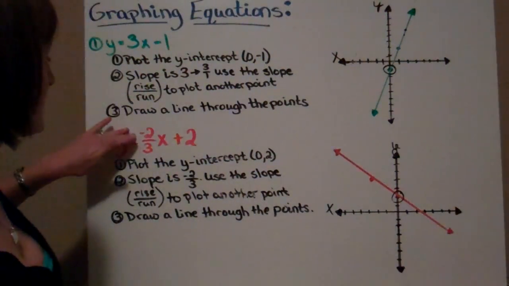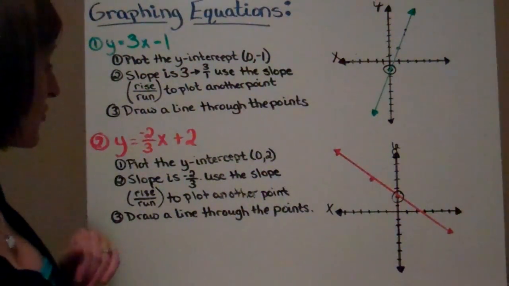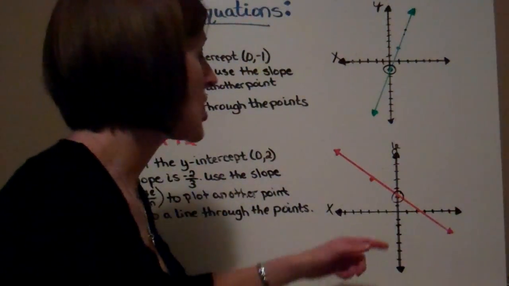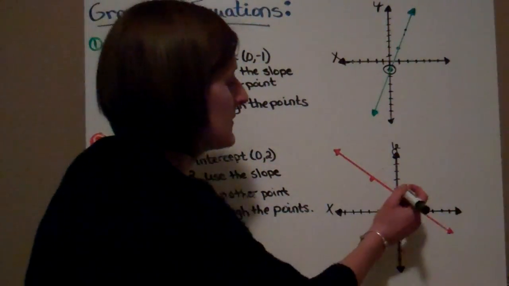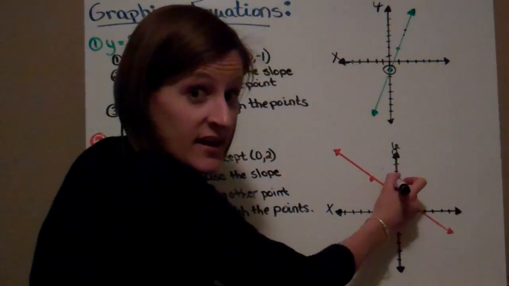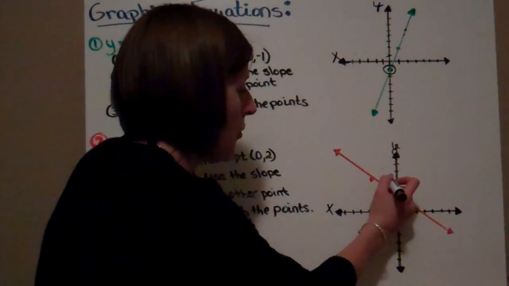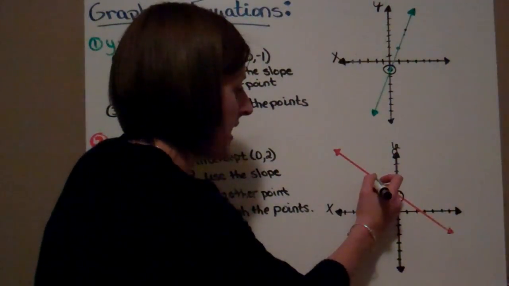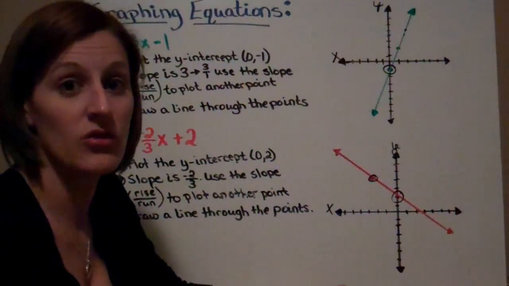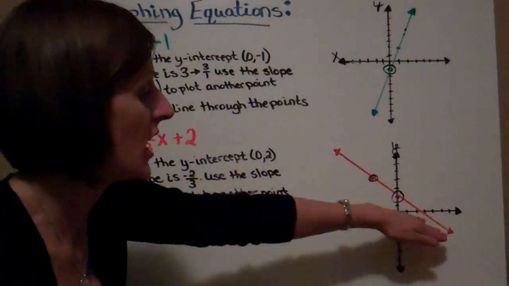Then my slope is -2 over 3, so I'm going to use that slope in order to graph. So I start at 2. I'm going to go up 2, 1, 2, and since it's negative, I go left 3. 1, 2, 3. And there's my second point right there. Now, all you need are those 2 points to draw your line and connect.